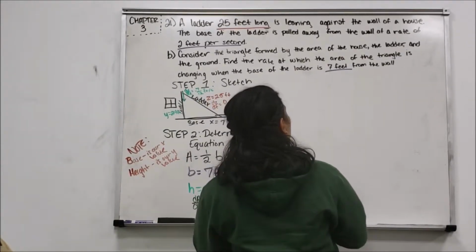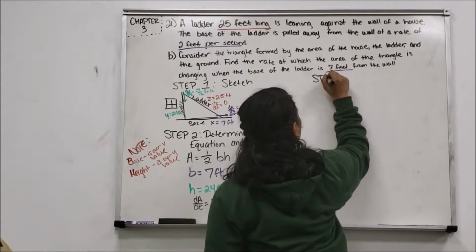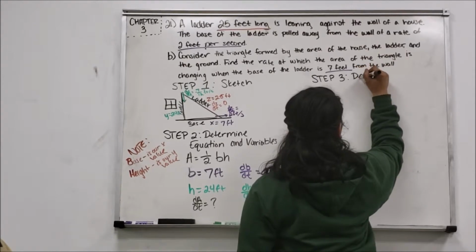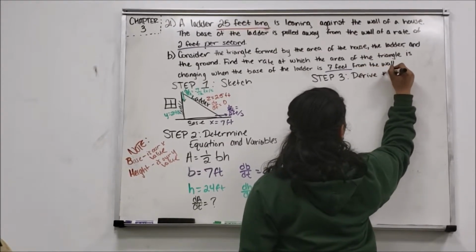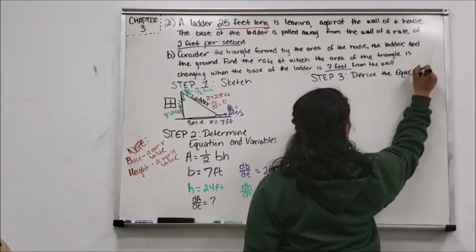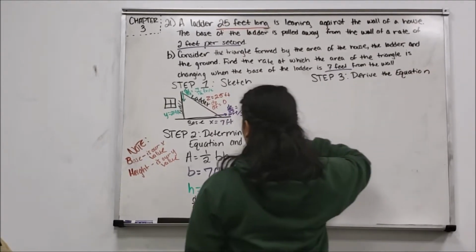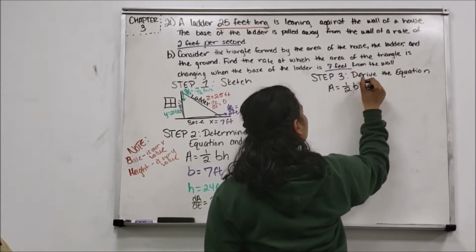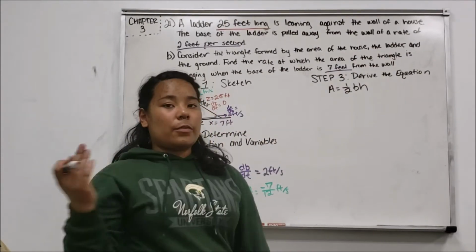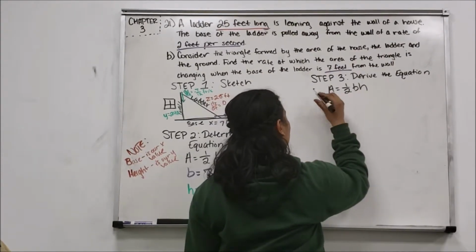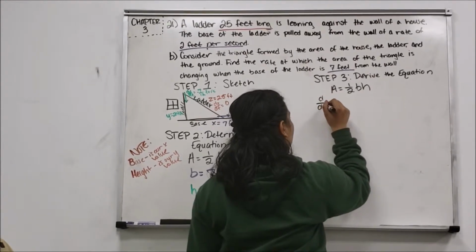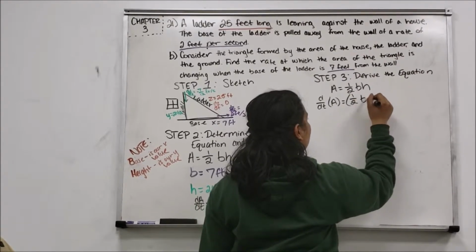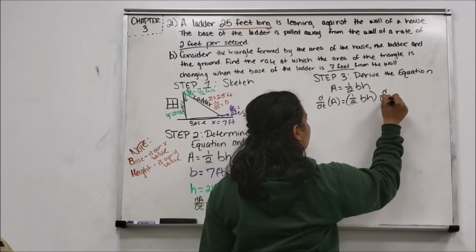And now we'll be moving on to step 3. So our equation is area is 1/2 base times height. Now to differentiate it, we're going to differentiate both sides. So we get d dt of A equals 1/2 times base times height, d dt.